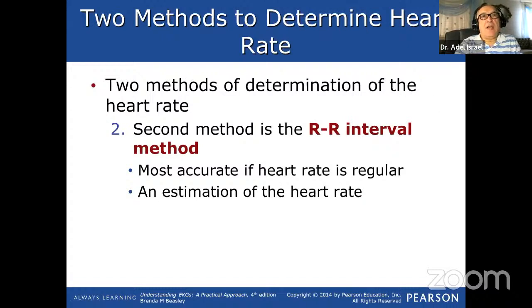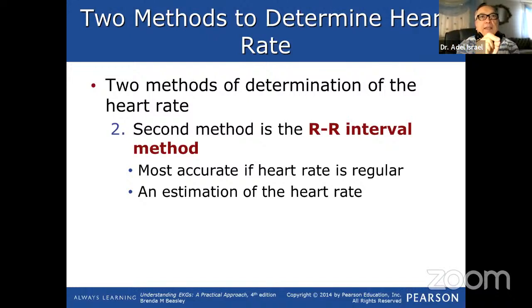Then we have another method to give us information about the heart rate. We learned the first method is the 6-second method, which we apply for regular heartbeats. The second one is for the RR interval to let us know what the time is. The RR interval we can do in 2 ways.